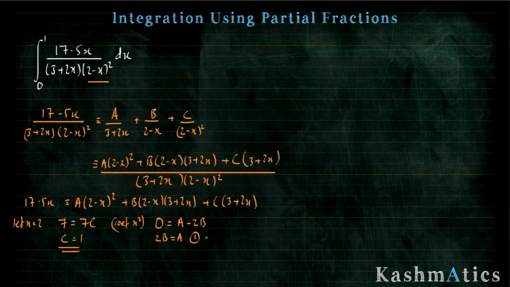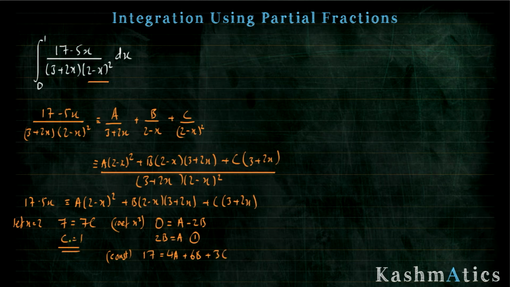Now because this equation's got two unknowns, I need to find another equation which is going to help me. So I'm going to look at the constants, and over on the left hand side I've got 17 equals, now the constant here would be 4, so I've got 4a, plus the constant over here would be 6, so that would be 6b, and over here it'd be 3c.